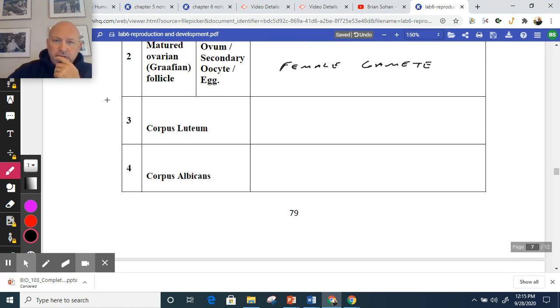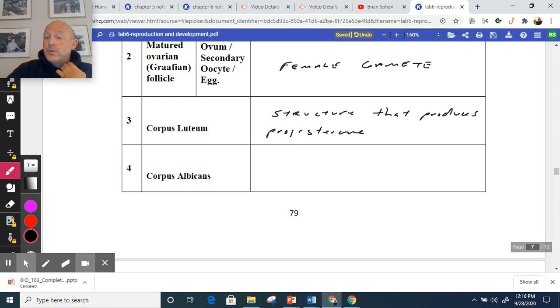The corpus luteum is a structure that produces progesterone. Okay, so this is what's left over after ovulation. It's made from the walls of the Graafian follicle. It produces progesterone.